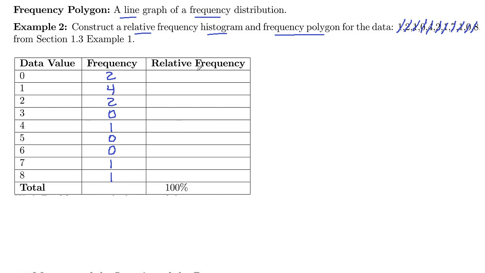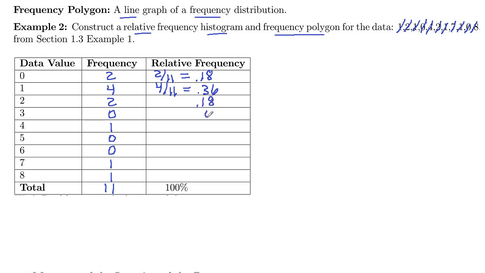So now let's go ahead and compute the relative frequencies. If we total up the frequencies, we get 11. So our first relative frequency is 2 divided by 11. If you do the calculator work there, you'll get 0.18 to 2 decimal places. 4 divided by 11, and you will get 0.36 to 2 decimal places. And the rest in the same way.